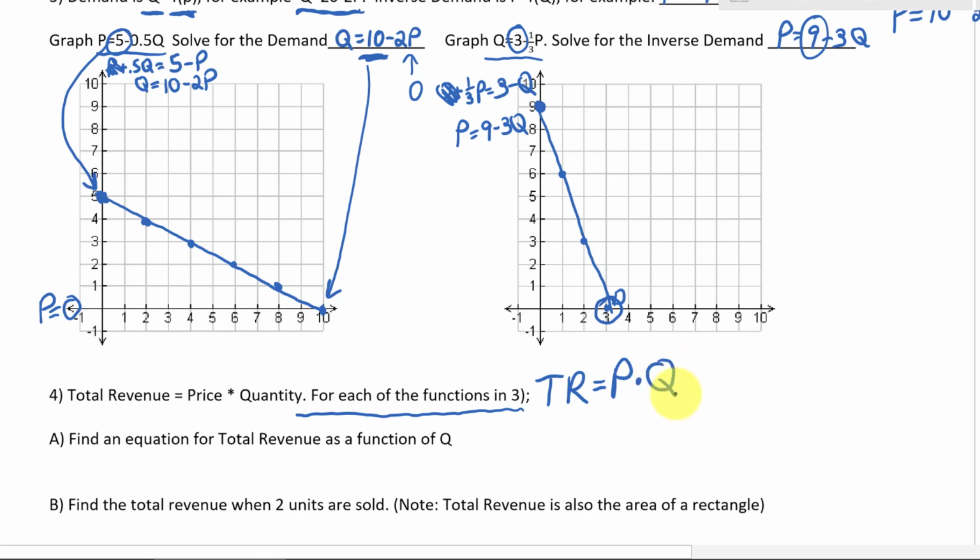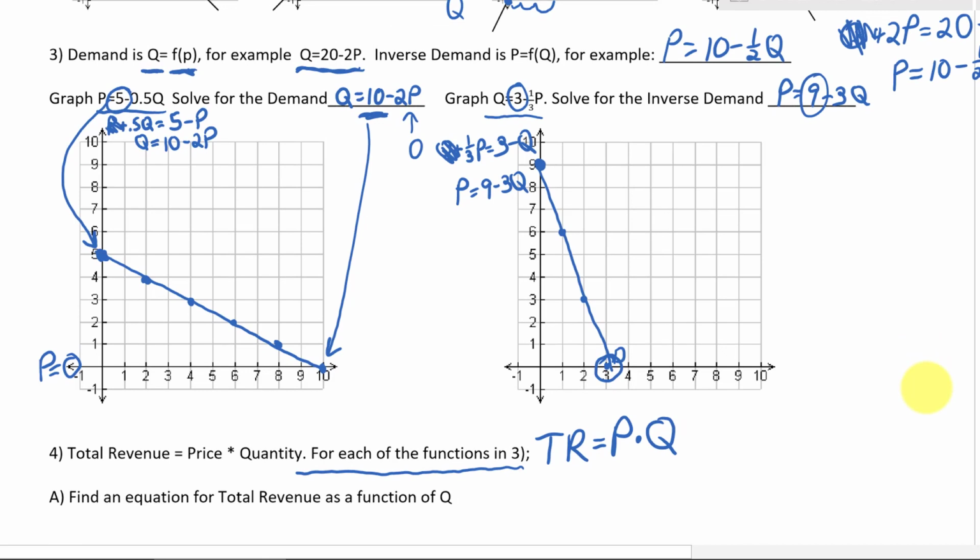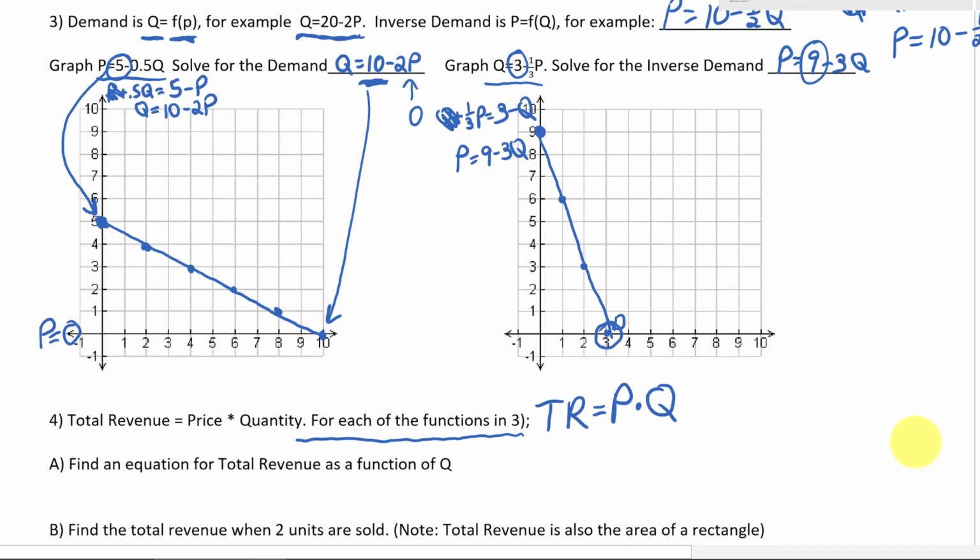Now, just like we have two different ways of writing a demand function, the demand, Q equals, or the inverse demand, P equals, there are a couple of different ways that we could write a total revenue function. One, total revenue as a function of Q, which is what we want, or total revenue as a function of P. They're both useful.